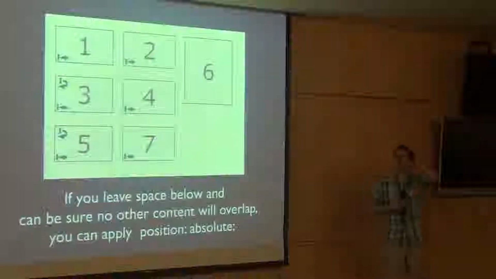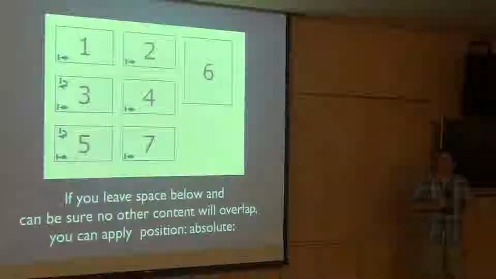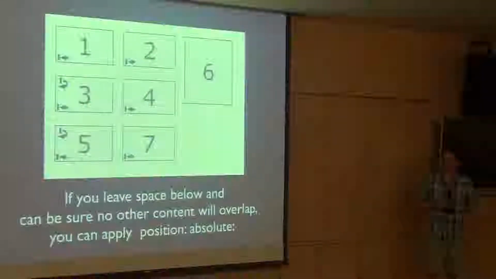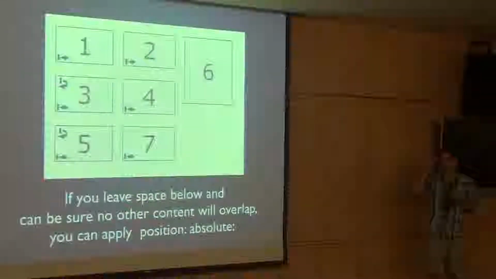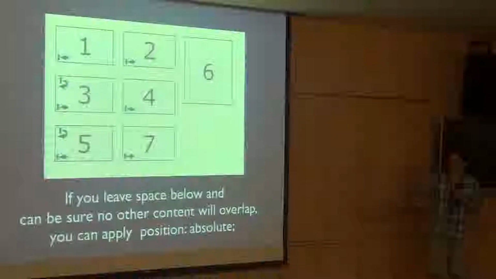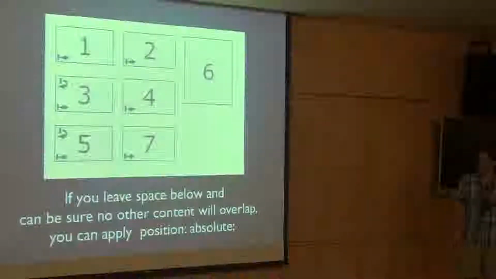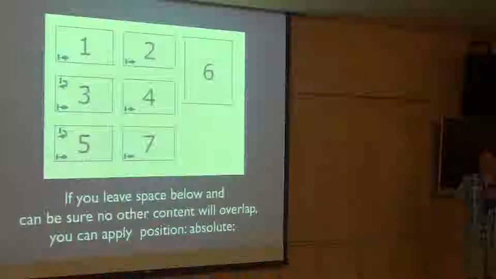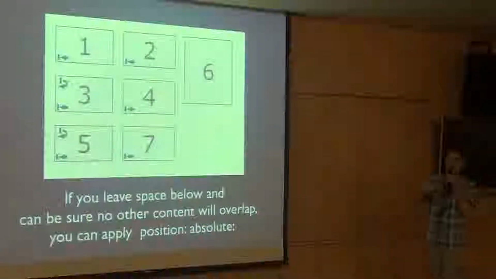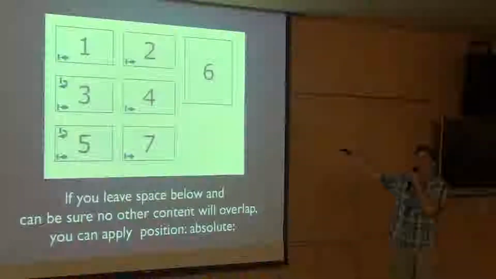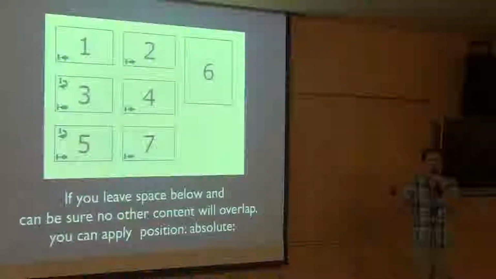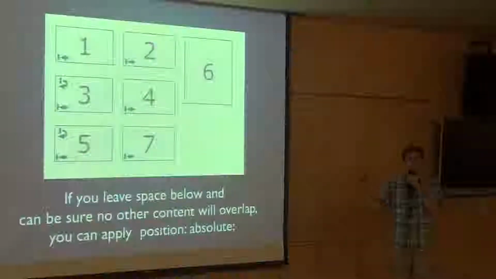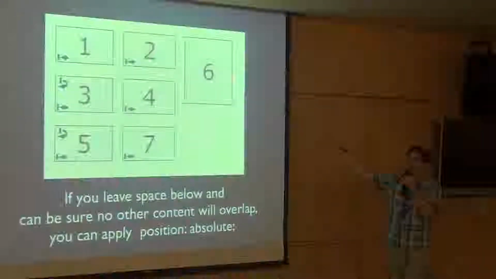You see 1, 2, 3, 4, 5, and even 7, this is actually the same technique as before, nothing special. But look at the 6th, it uses position absolute: the 6th must go here, it has nothing to do with the others, no matter how the others move, the 6th will never move. So one thing that you have to take care of is that because number 6 is positioned absolutely, it's taken completely out of the flow of the document, and other items that are floated won't be able to see this at all.